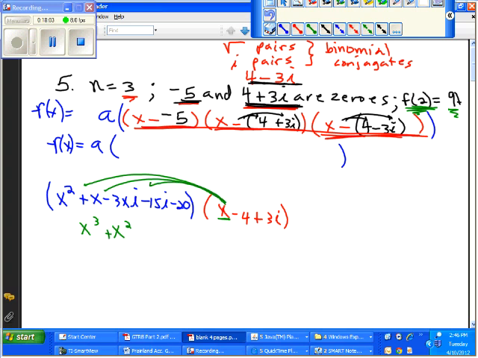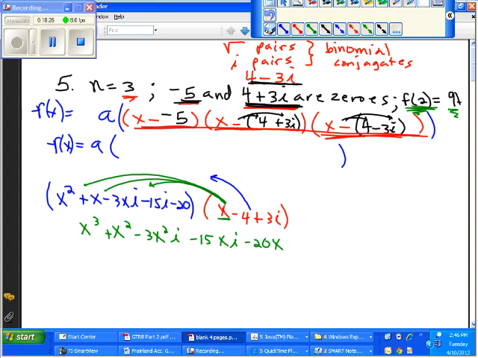And then x times negative 3xi is negative 3x squared i. And I'm not going to draw the arrows anymore. We could go forever, but you can follow along. x times negative 15i is negative 15xi. x times negative 20 is negative 20x.